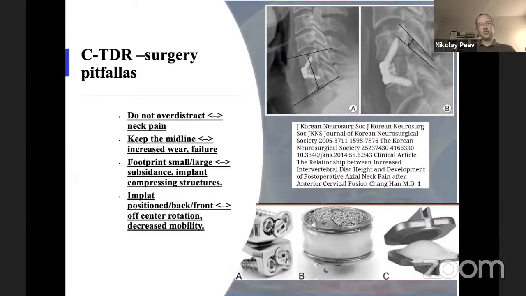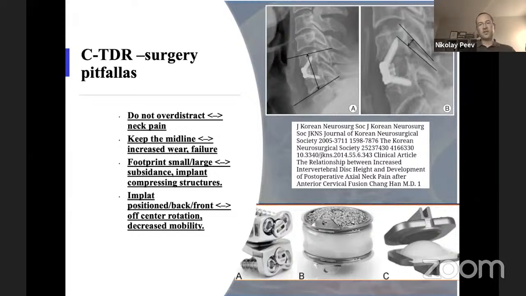You have to choose your footprint properly, because otherwise you are risking subsidence of the implant or compressing of the structures. You have to try to center the implant very well. This is more valid for the old implants, like the ones on my slide here.